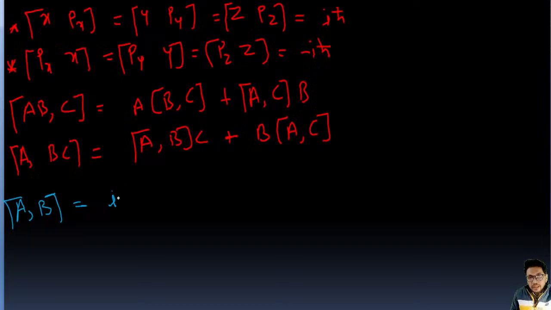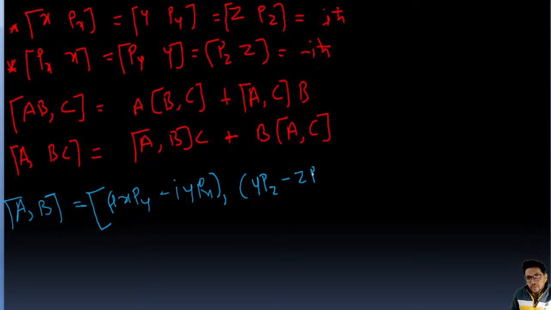This is iota xpy minus iota ypx, commutation with ypz minus zpy.